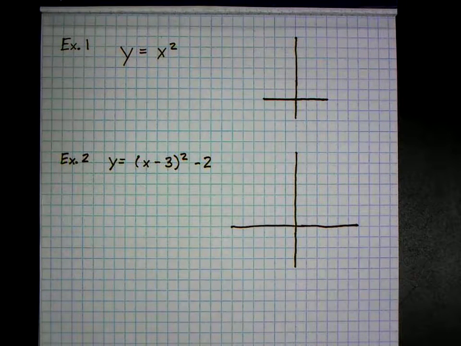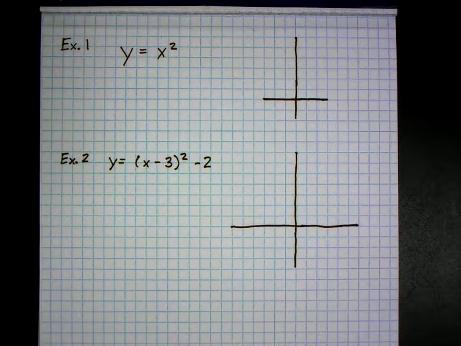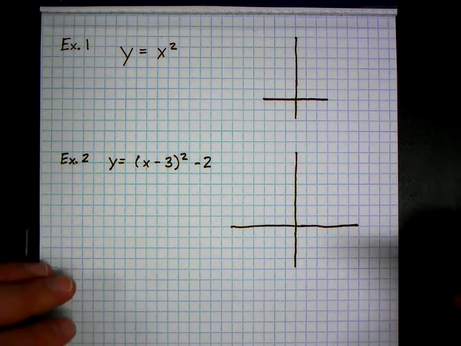But I wanted to start off with something you were very familiar with. You guys have been doing x squared since Algebra 1. I wanted to start with something you'd feel more comfortable with.